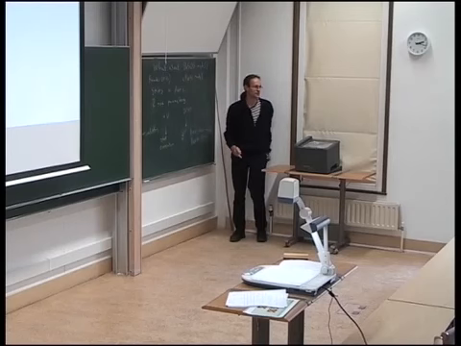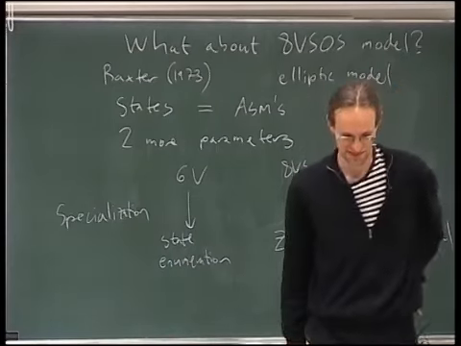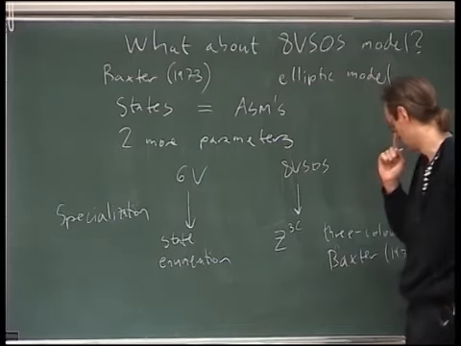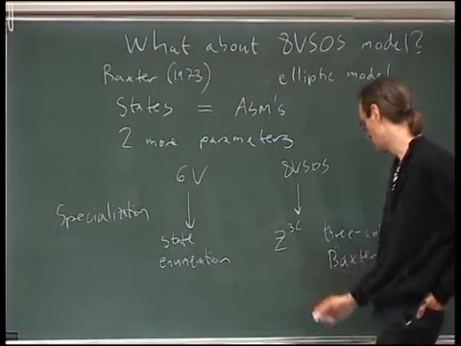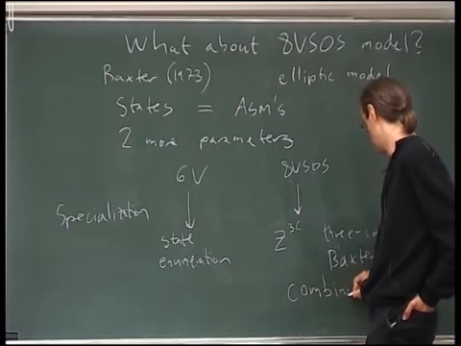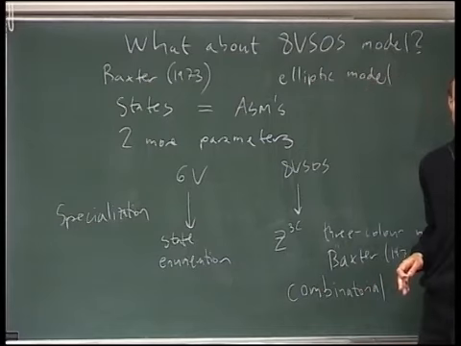Actually, I'm not sure if Baxter ever was aware of this limit. Probably he would know it, but it seems that it has appeared in the literature only quite recently. But the main thing about this model is that it's really something completely combinatorial in nature.